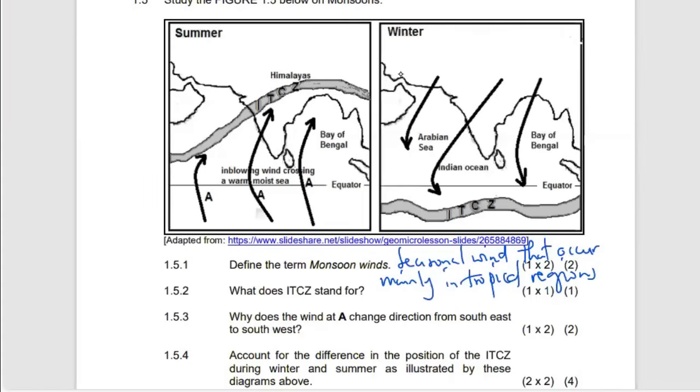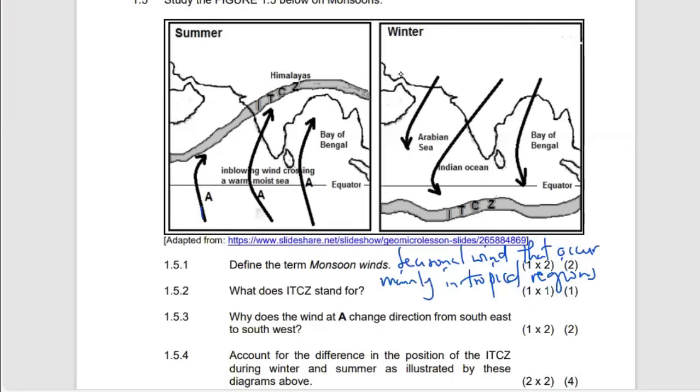Right, basically when I'm talking of monsoon winds, sometimes we define it as the seasonal reversal of winds and the associated weather. The winds reverse direction of movement according to changes in seasons. Like if you are seeing here, this wind is going in this direction to the north, but in some season, it's going to the south.